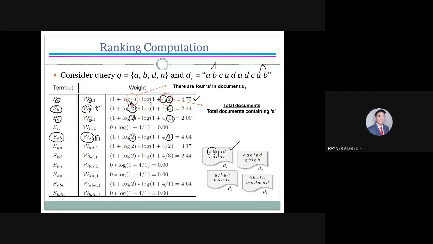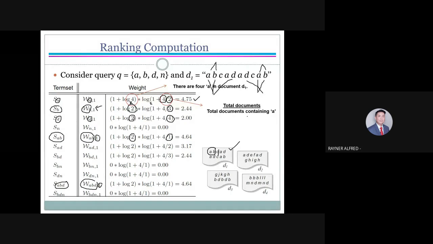Okay, let's try the last one. The weightage of ABD in document 1: ABD1 and then ABD2. The order doesn't count because, remember, this is a set of terms.